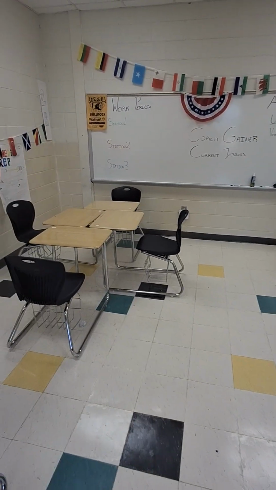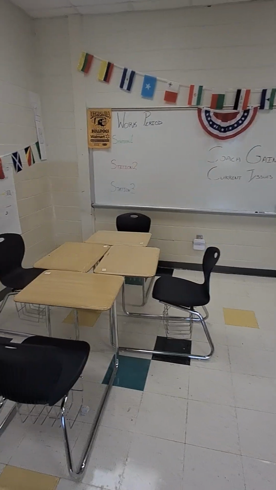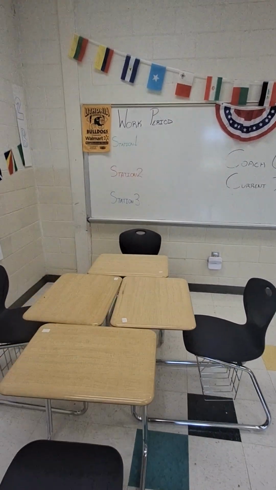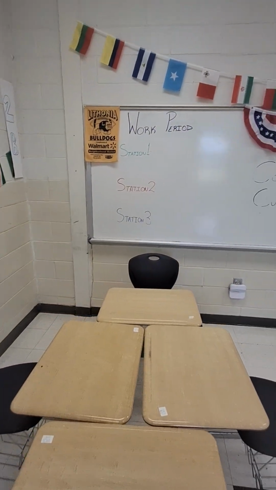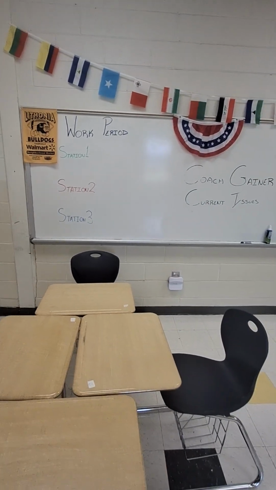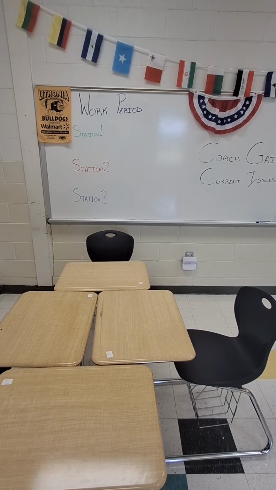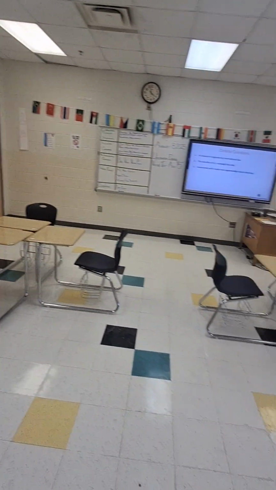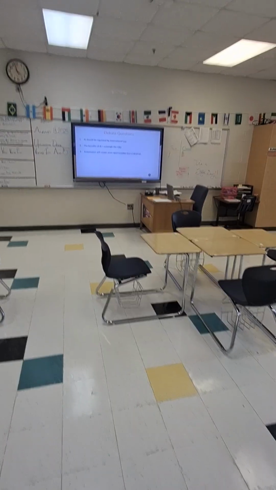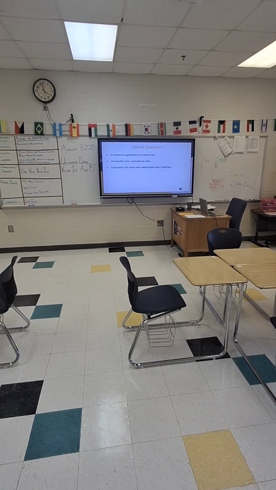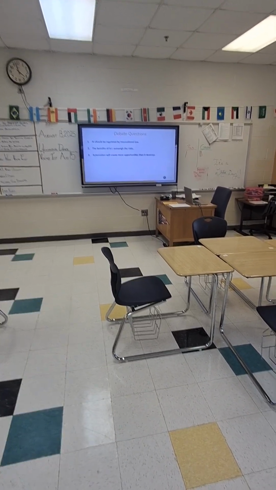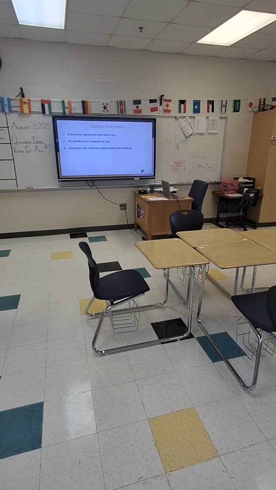So here is where we put the stations. I do post when it is our time to rotate. Today we had a debate, so there were no rotations. But this is where all that information will be placed. As you can see, it's clearly marked so students can see where it is. And when we have our stations, I also put those up on the screen, so that it's clearly marked.